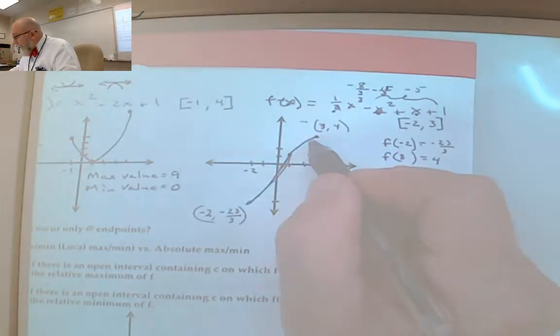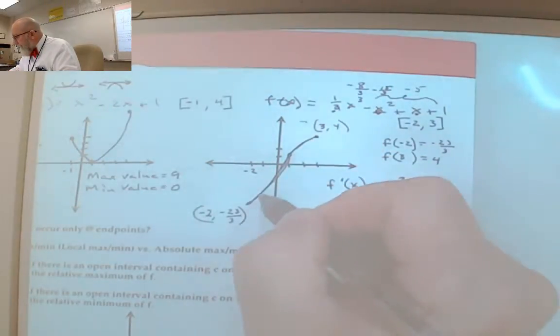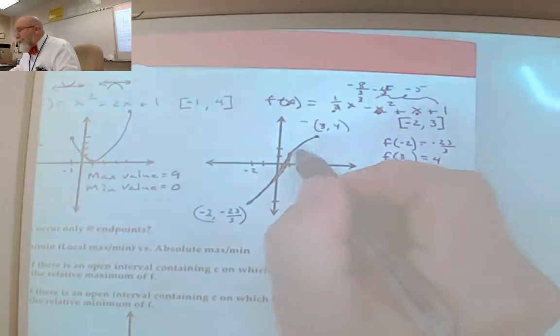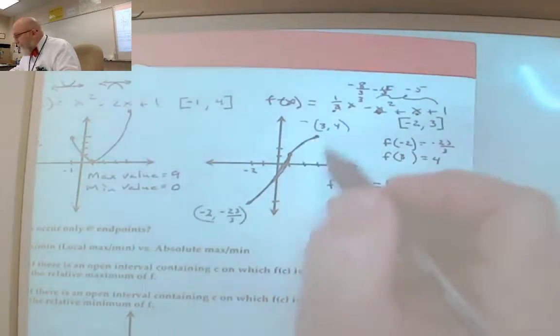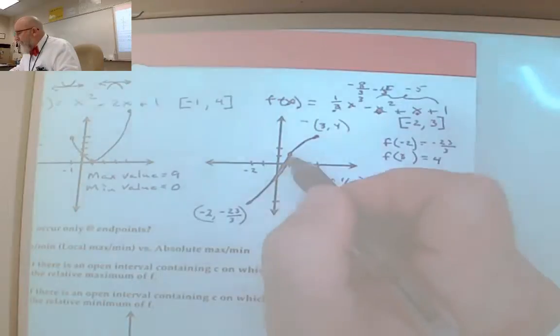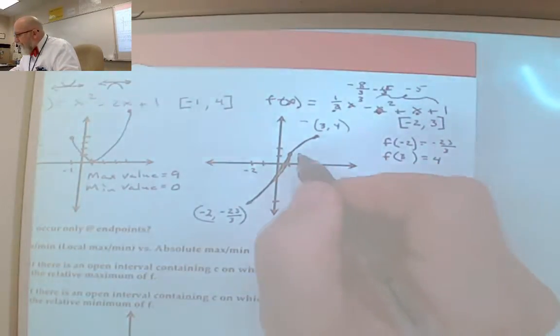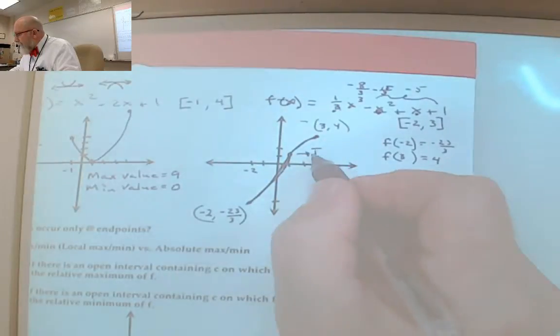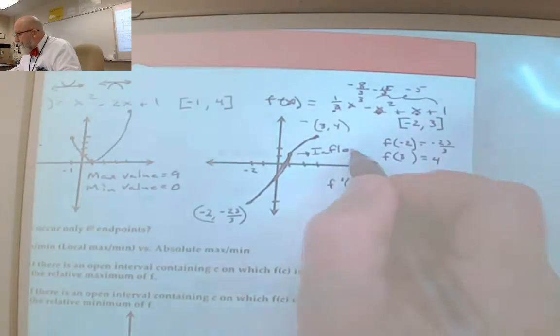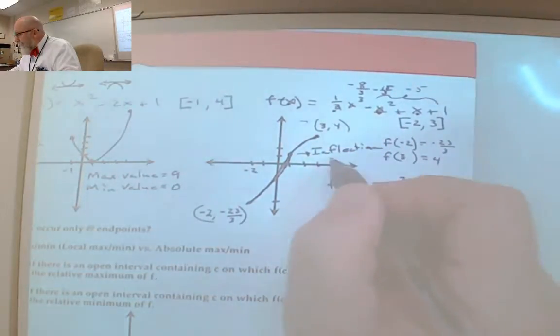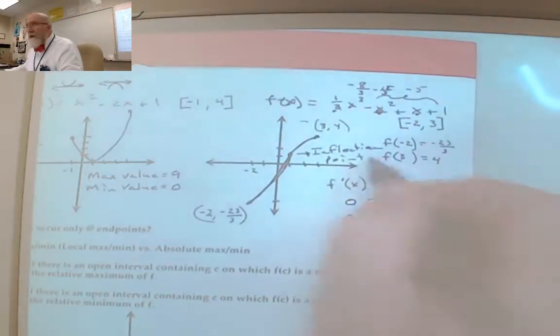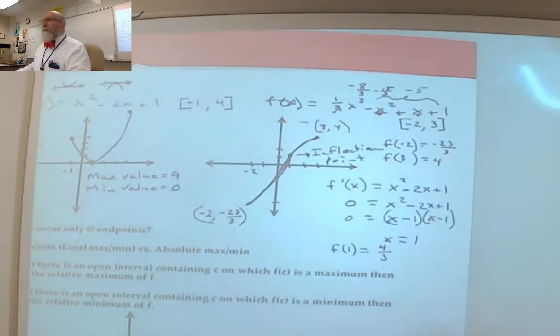But notice what I did here. I changed the curvature. This is called concave up. This is called concave down. This right here is called an inflection point. An inflection point is where there's a change of concavity.